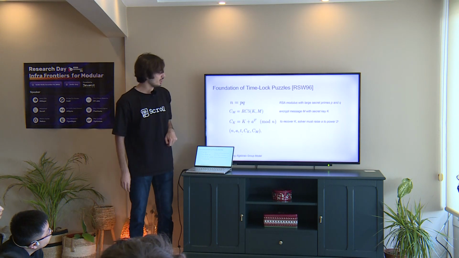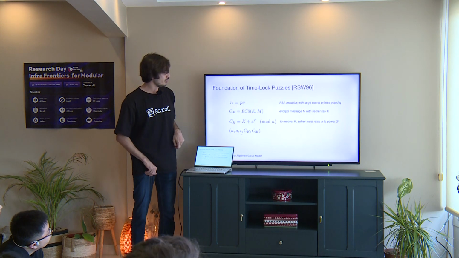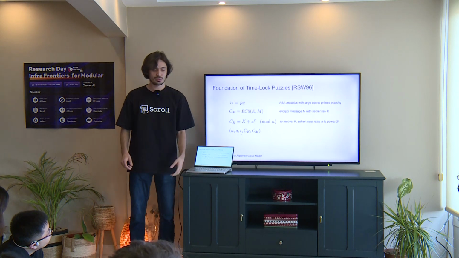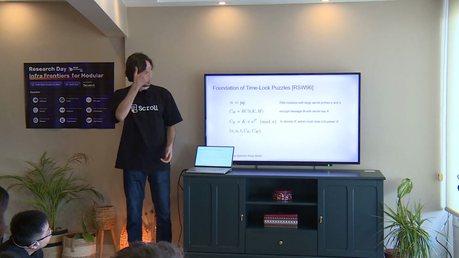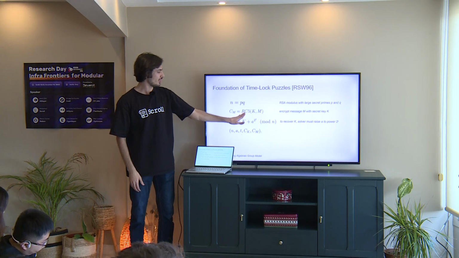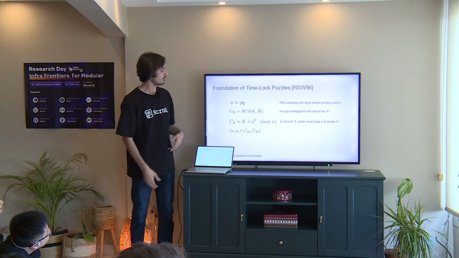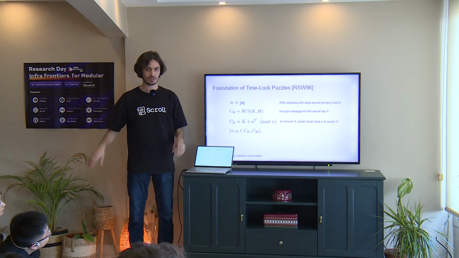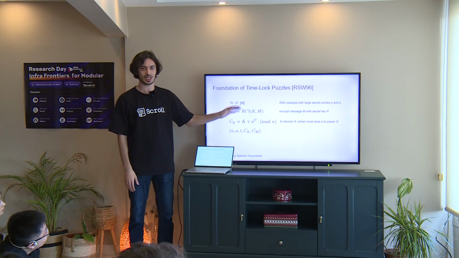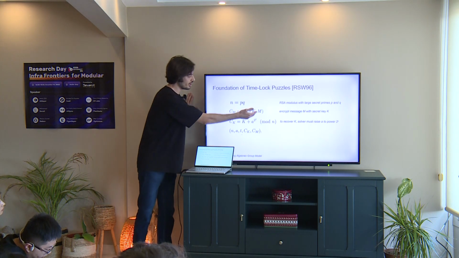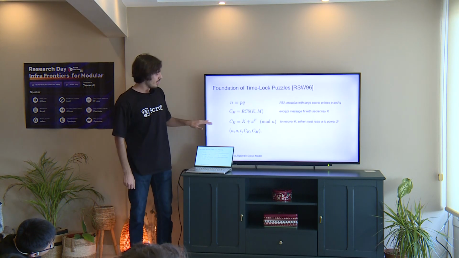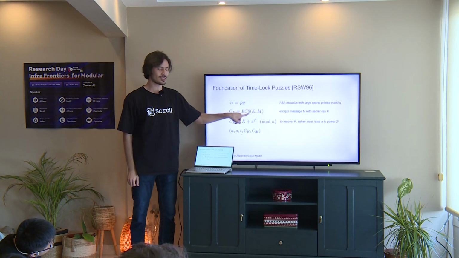What you do is you draw a random secret key K, and you use your favorite symmetric encryption algorithm, maybe RC5 or whatever. This is some old symmetric encryption algorithm. So you're encrypting your message M with some key K. And then you want to put K inside the puzzle.